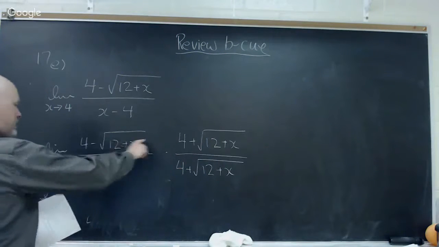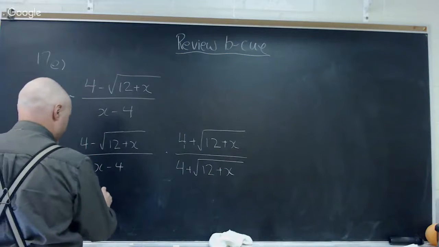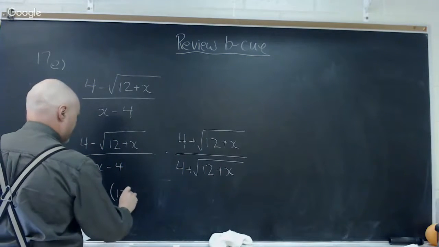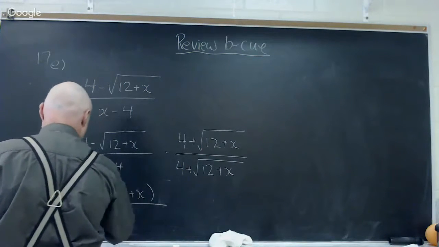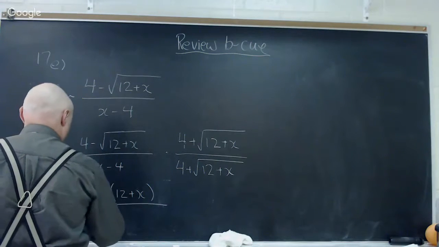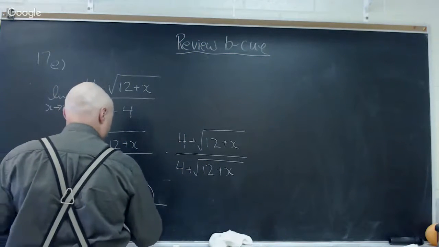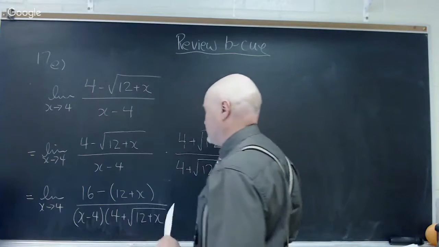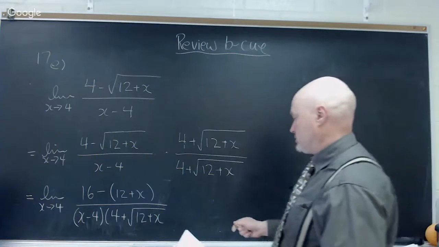So this is going to be 4 times 4, which is going to be 16, and then minus, and then just 12 plus x. There we go. And we have really a horrid mess underneath. But that's okay. We're just going to take a deep breath and hope that this is going to work out.